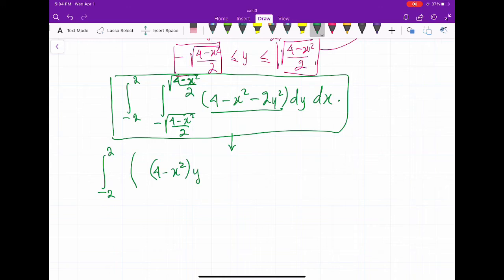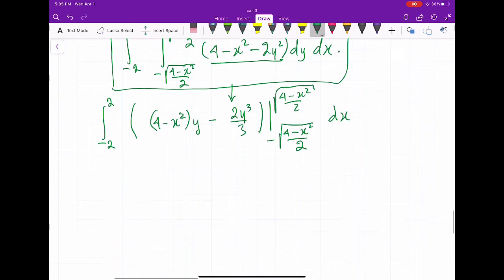We integrate with respect to y, minus 2y cubed over 3, or this function evaluated from negative square root of (4 minus x squared) over 2 to square root of (4 minus x squared) over 2, and then dx.